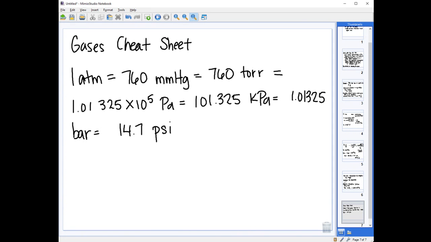I'll keep adding to this gases cheat sheet as we go through. I'll give you a second to get that written down. Just give me a thumbs up in the chat box when you've got it all, or when you're ready for me to move on, if you're going to take this from the recording later.